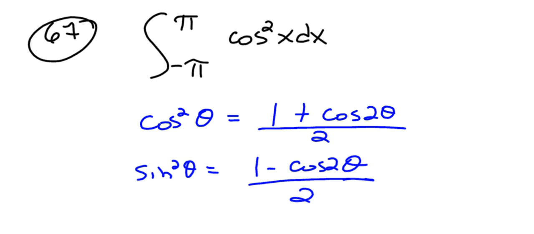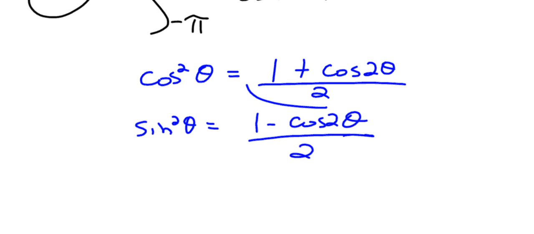You could use these to substitute in for the cosine squared x dx, and then you can take the antiderivative easily, because technically this is 1/2 plus cosine 2 theta over 2. Cosine 2 theta just uses the antiderivative of the chain rule. We don't even have to walk through the u substitution if we can remember that.